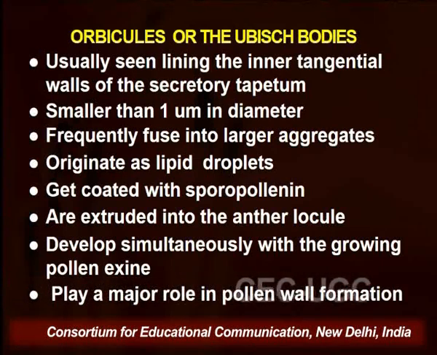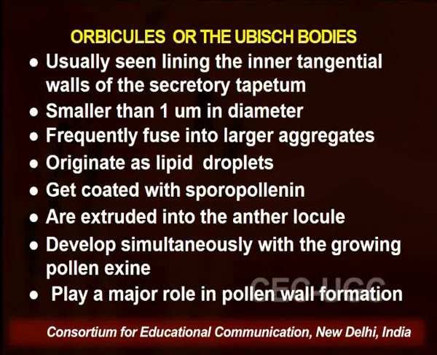Now, I want to mention here that these orbicules or Ubisch bodies originate as lipid droplets. They aggregate towards the membrane of the tapetal cells, and they are also lined by ribosomes, which appear as the spokes of a wheel.